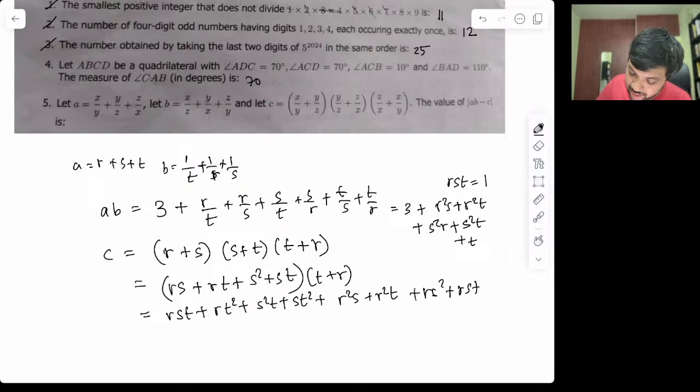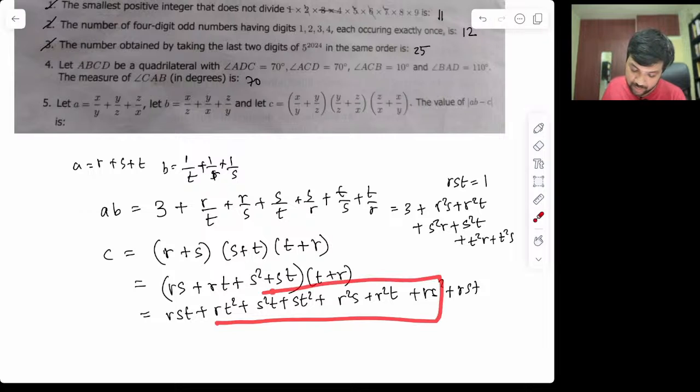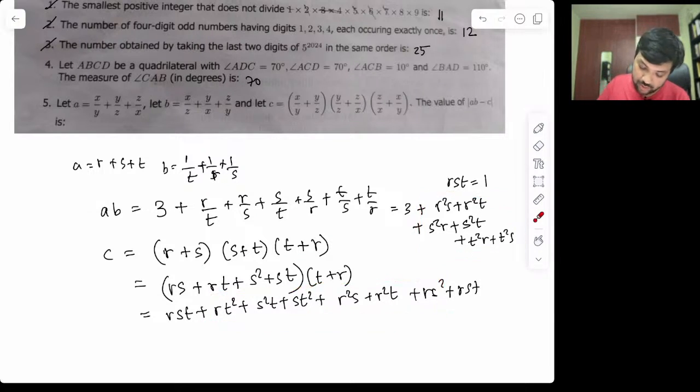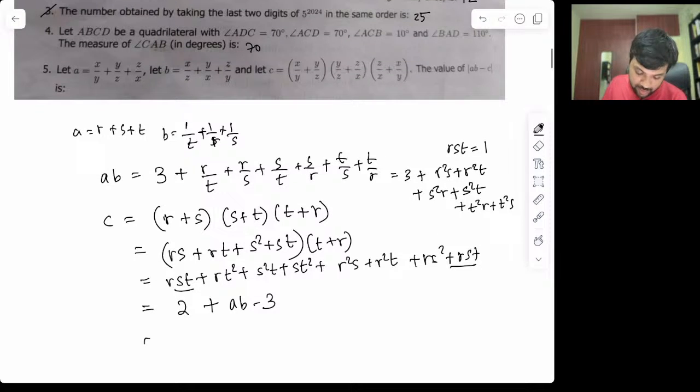T 1 by S is RT, T square R plus 1 by ST, so T square S. Okay, so we have it, right? This entire six-term piece is here also. So we are done. So C is equal to 2 RST, and RST is 1, plus what remains is AB minus 3. So the answer is C minus AB mod is 1.